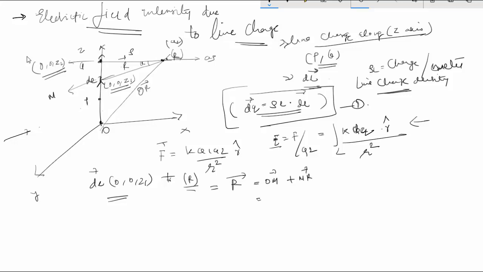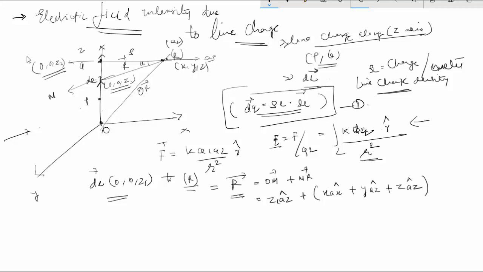The OM vector can be written simply as z1 az, plus the MR vector, which is the point here that has x, y and z. So it will be x ax plus y ay plus z az. This is how you will find the r vector, which is used here to find the distance.